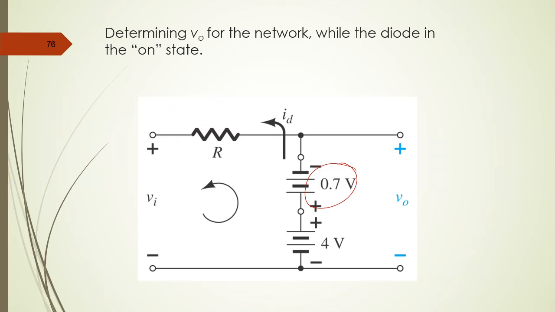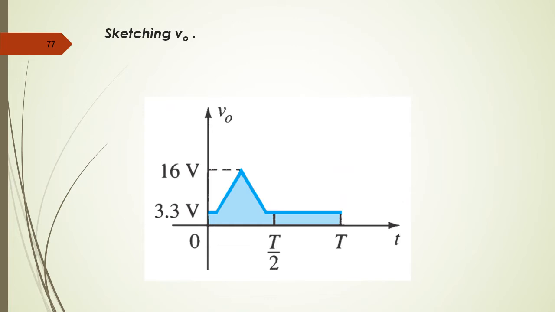When it is on, there is a voltage drop here, so there will be current flow in this direction. Why? Because this is the negative cycle, and in the negative cycle the diode will conduct. When we sketch, it is almost the same, just that the transition level is reduced to 3.3.